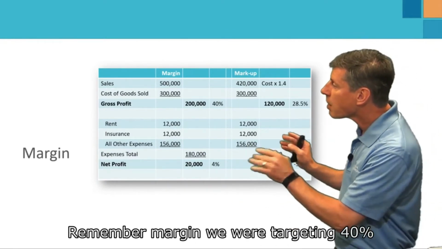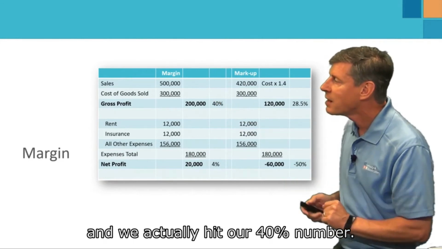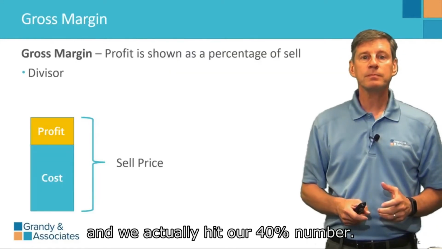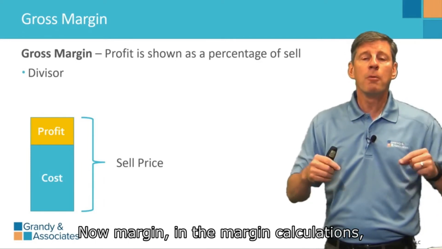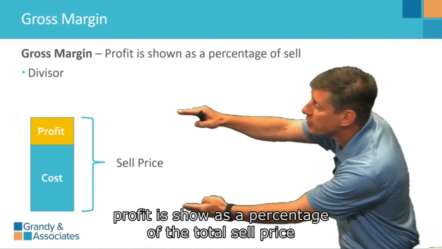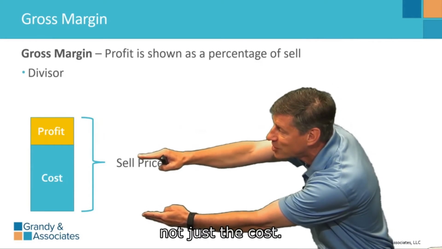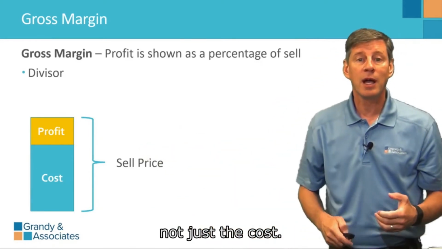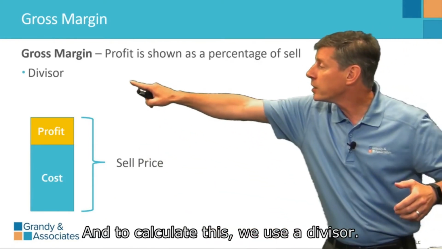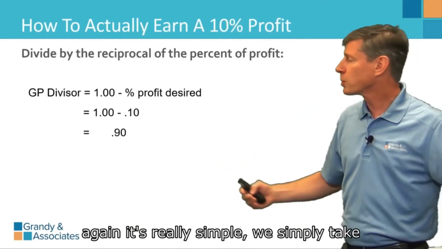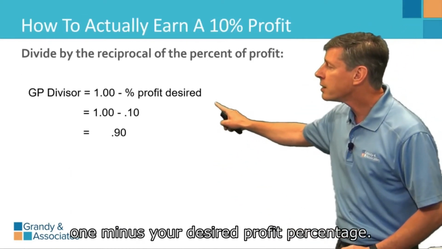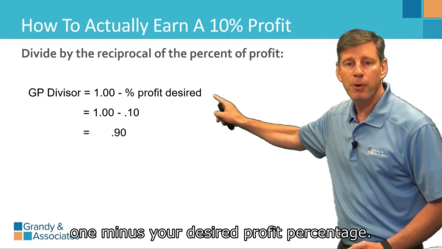Remember, margin, we were targeting 40%, and we actually hit our 40% number. Now, margin, in the margin calculations, profit is shown as a percentage of the total sell price, not just the cost. And to calculate this, we use a divisor. The way you figure out this divisor, again, is really simple. We simply take 1 minus your desired profit percentage.